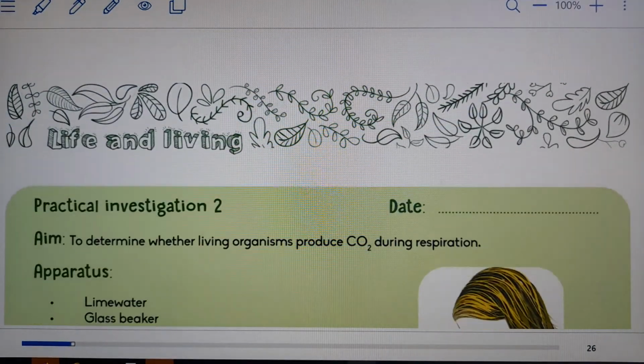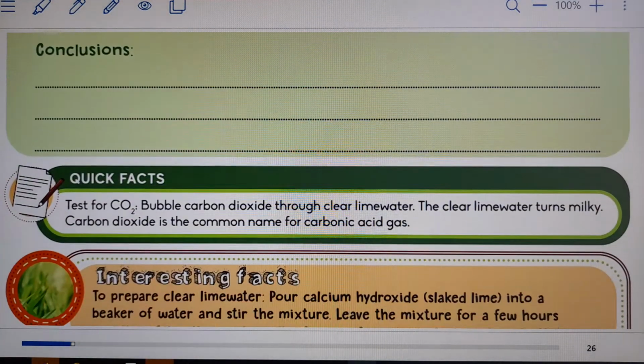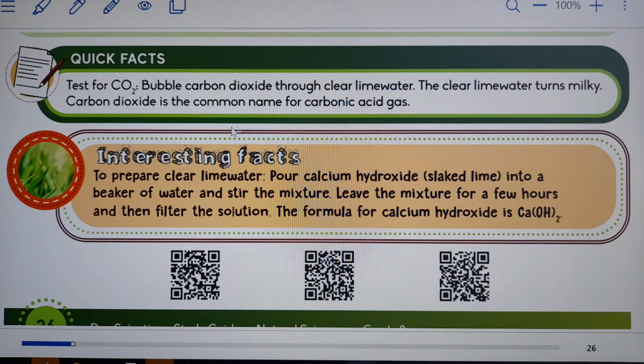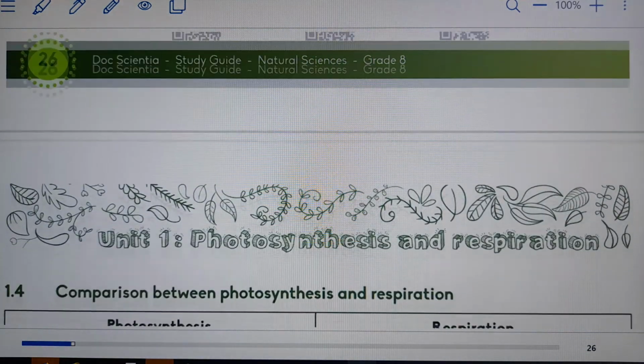I don't want to cover that interesting fact for now. And we have a quick fact here that has to do with the experiment. It is okay, we will cover this when we do the experiment.